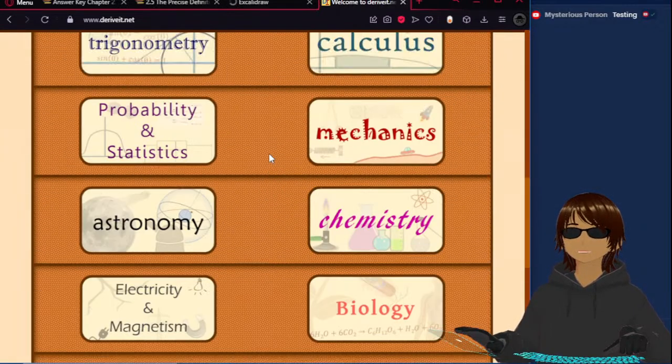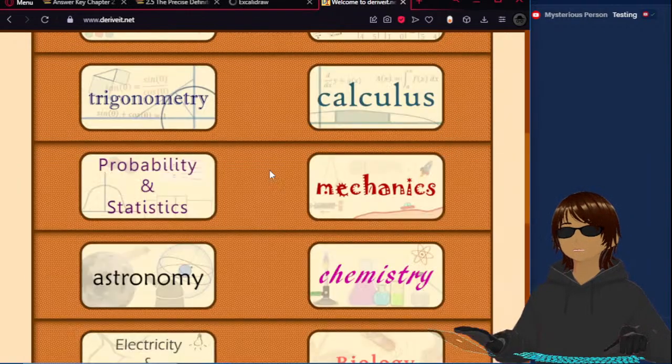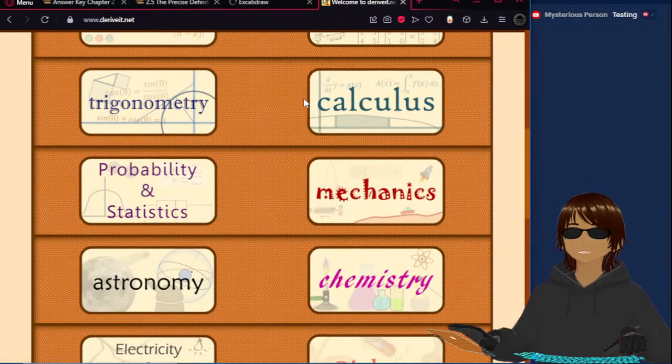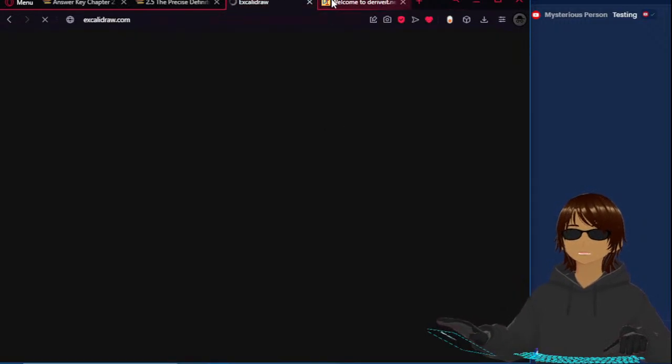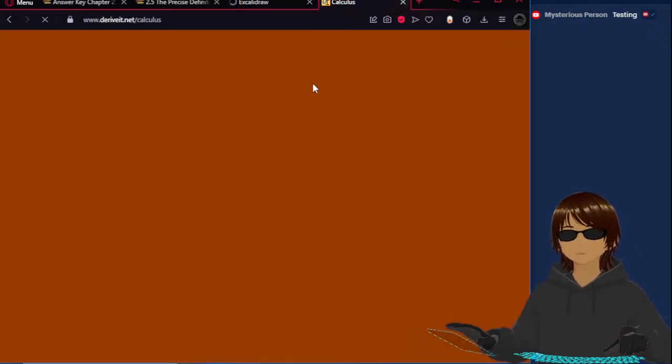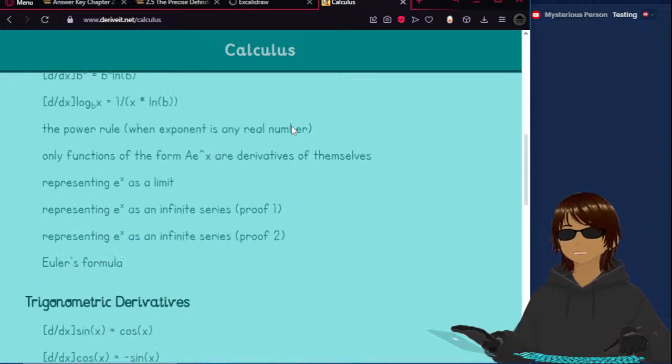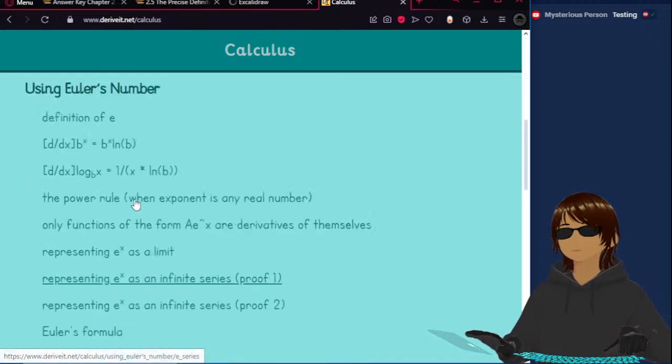You can basically choose calculus. This website is dedicated to proofs.